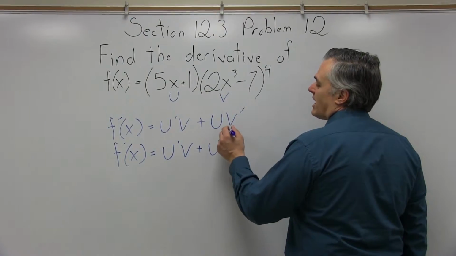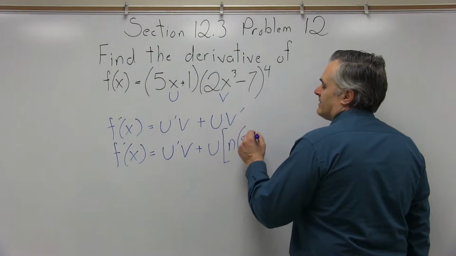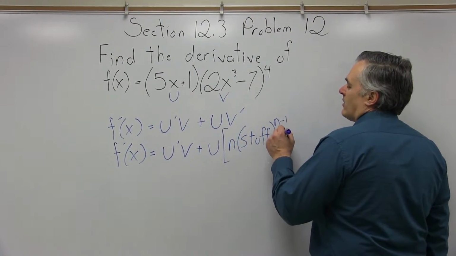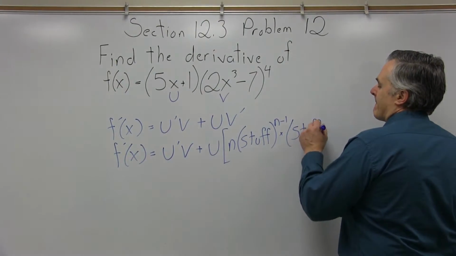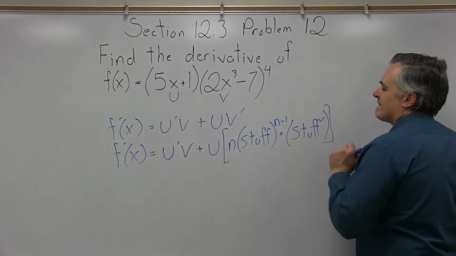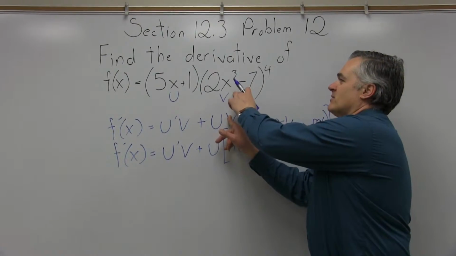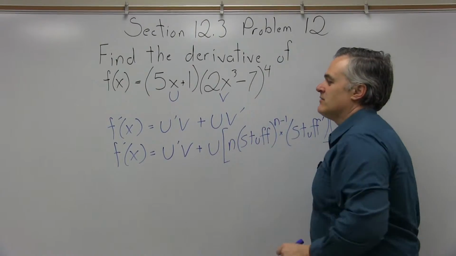Now, times v prime, the v prime is going to be n times stuff to the n minus 1 power times stuff prime. So again, to find the v prime, because v is stuff in parentheses to a power, I'm going to have to apply the chain rule. So let's go ahead and fill this in.